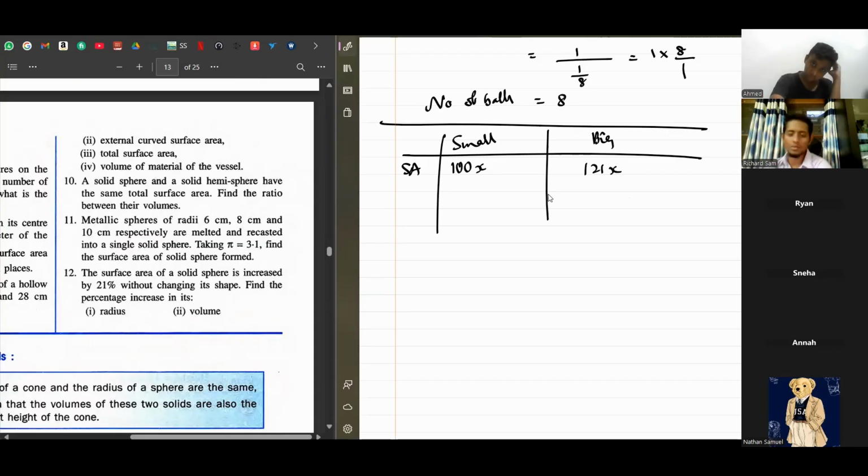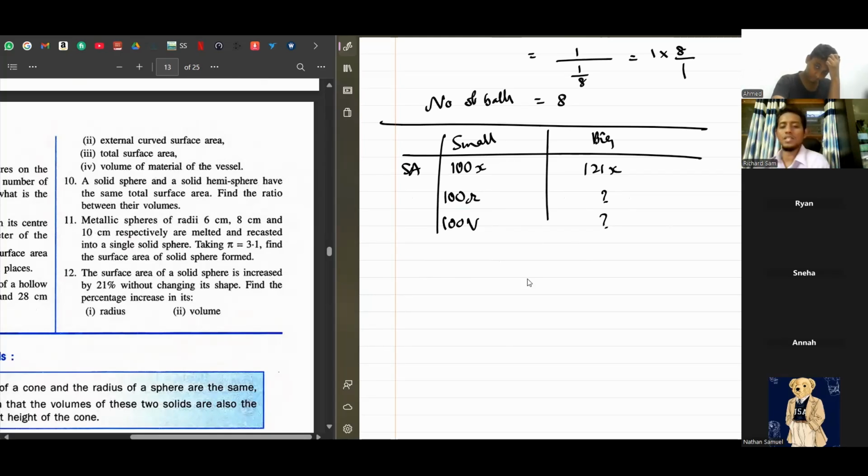If you add 21%, it becomes 121x. So like that, you have to find for everything. Radius and volume. Here, if the radius is r, then what is the radius here? Here, if the volume is v, what is the volume here? In percentage. Okay, so take 100. This is 100. This is how much? This is 100. This is how much?